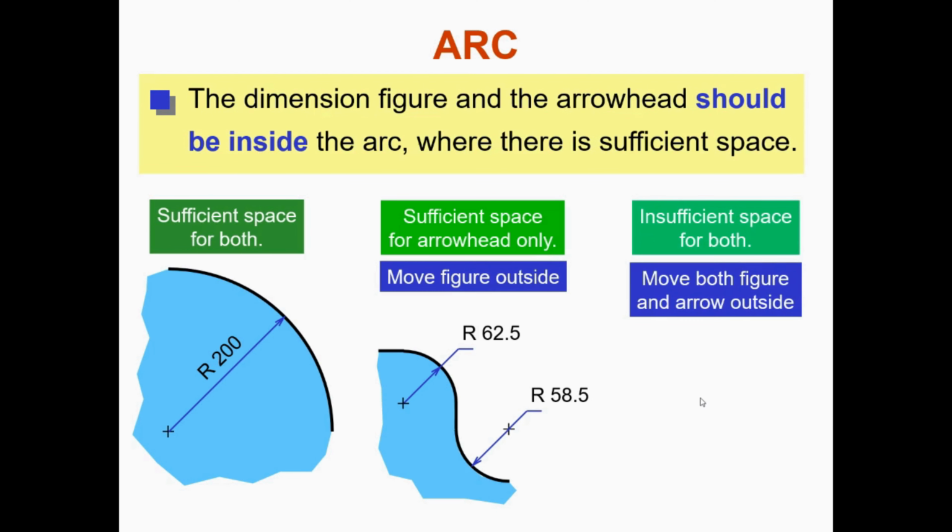And with insufficient space for both, we move both the figure and the arrow outside in this manner. So in case you don't have enough space, you put both the arrow and also the figure outside. In case you have space only for the arrow, yes, you can put the arrow inside and the figure outside. But if you have sufficient space where you can put both the dimension and the arrow inside, then you're good to go.